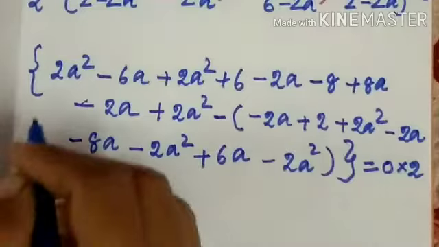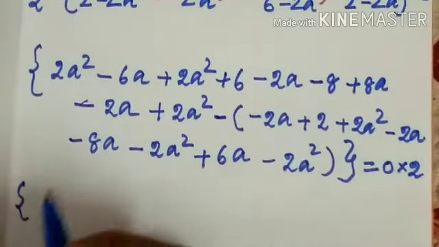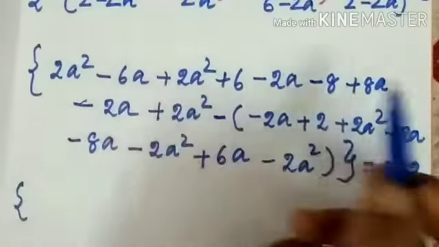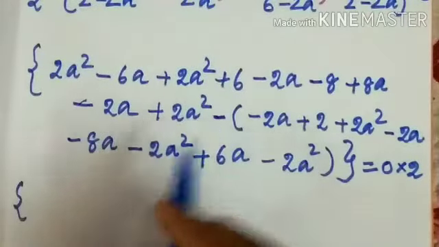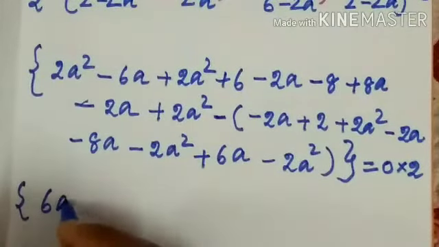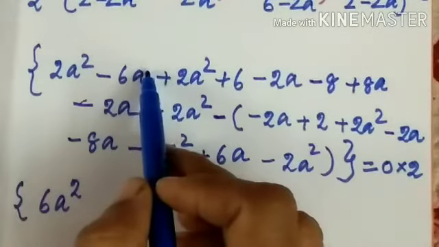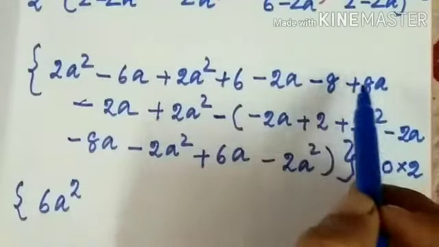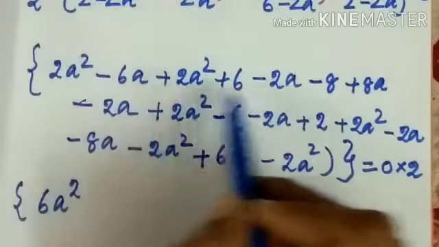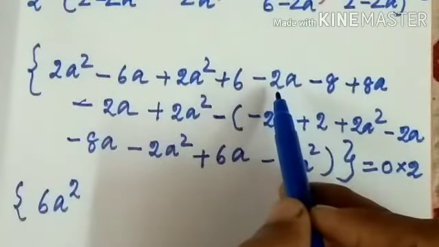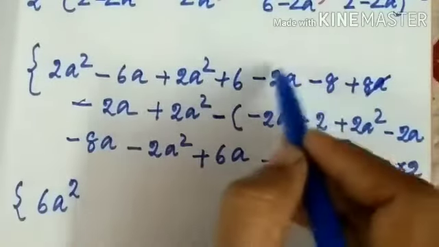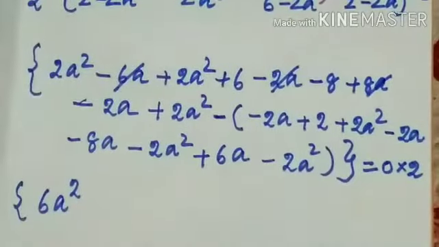Now you simplify. We get 2a squared plus 2a squared, then plus 2a squared, that is 6a squared. Then minus 6a minus 2a plus 8a, minus 6a minus 2a, add, we get minus 8a, then plus 8a; minus 8a and plus 8a cancel.